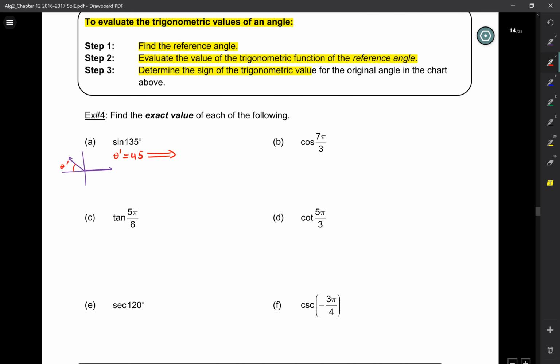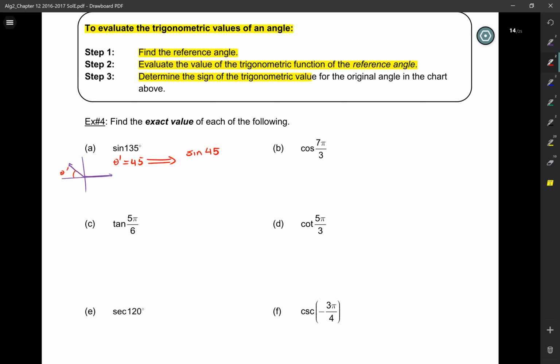I found the reference angle. Now, second one is evaluate the value at the reference angle. So that means it's asking me to find sine. I'm now going to find sine of 45 because that was the reference angle. It would have been 180 minus 135, 45.